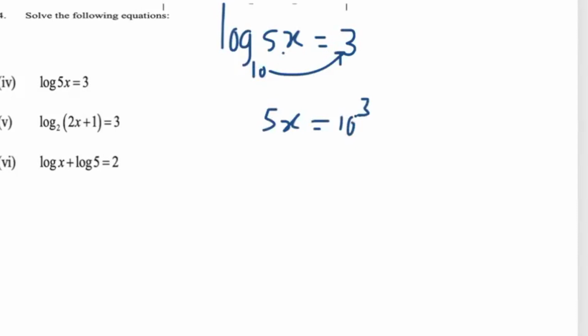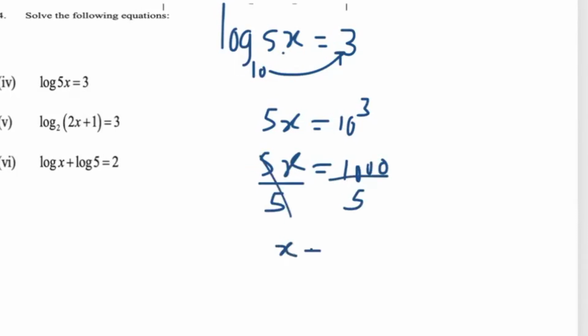So 10 cubed is 1,000. So I have 5x equal 1,000. And then divide both sides by 5. So this cancels. So x is equal to, and if you calculate it, you're going to get 200. So x is 200.